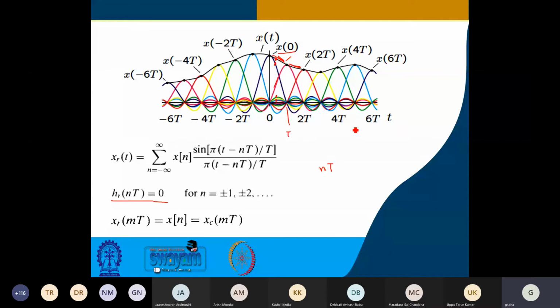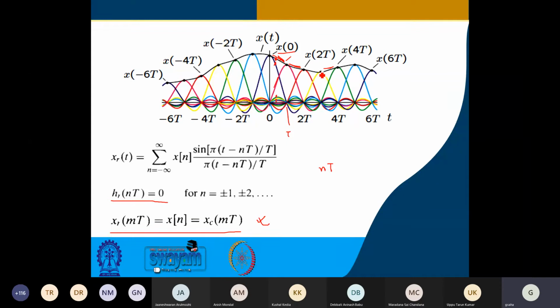But at nT's, others are contributing 0. So that is the meaning of it. So absolutely fine, there is no such issue. Reconstructed values at nT's are exactly the same. In between ones are generated through interpolation.